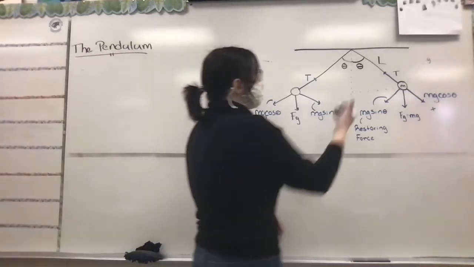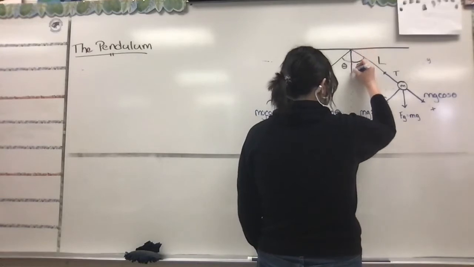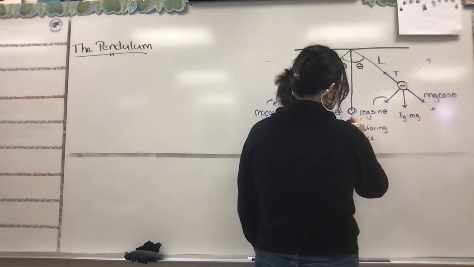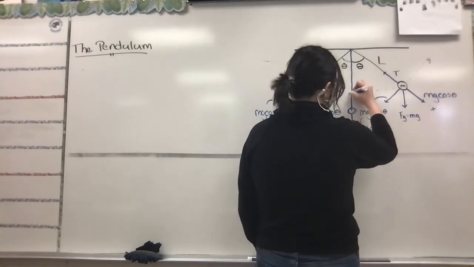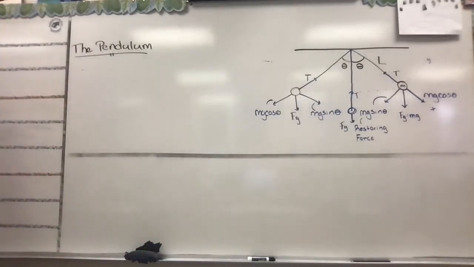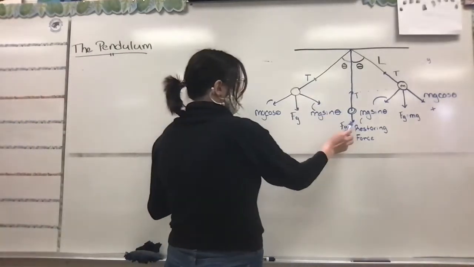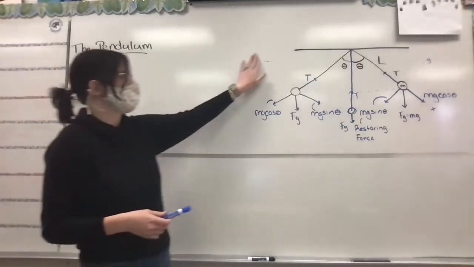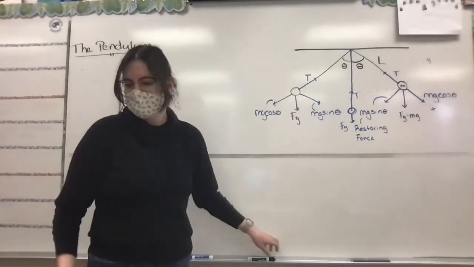When we are right here, all we have now is the force of gravity and the force of tension. And they're both in which direction, x or y? Y. Or you could consider the axis still flipped. You could say they're in x. But either way, they're both together, right? They're not broken up into components when they're there. So when you're straight down in equilibrium, you just have the force of gravity. You don't have it broken up into components. So that's just something to keep in mind.